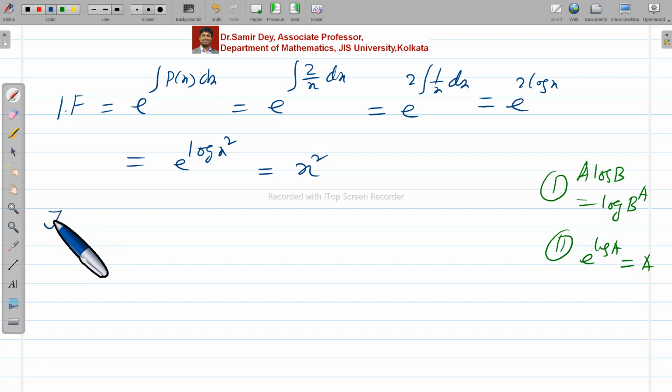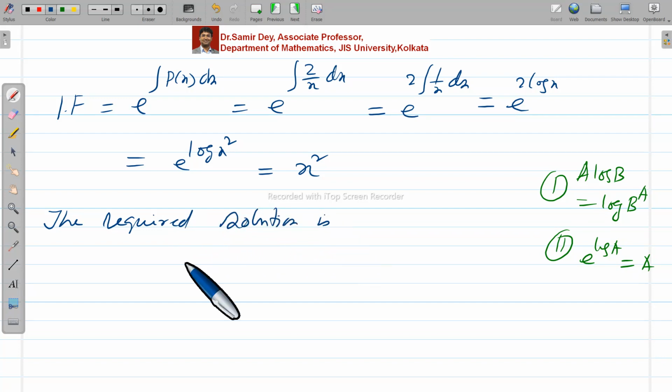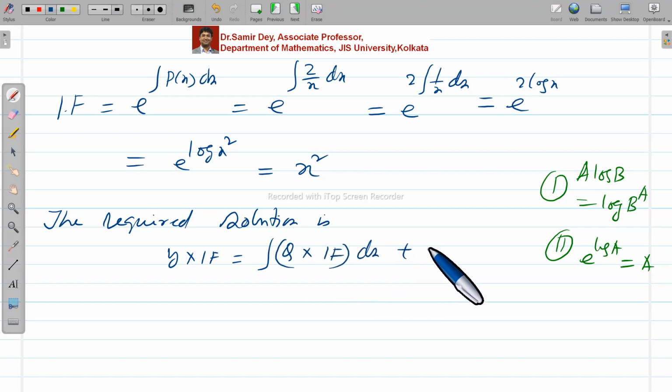Then you write down the required solution. What about the formula? Y into integrating factor is equal to integral of Q into integrating factor into dx plus c. Now write down your integrating factor: y into x square.